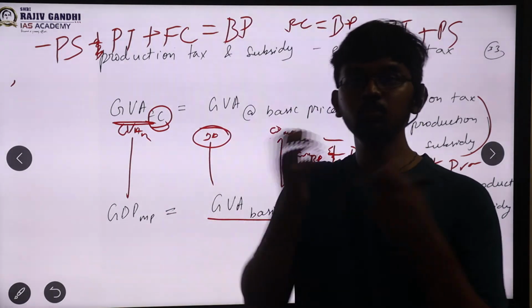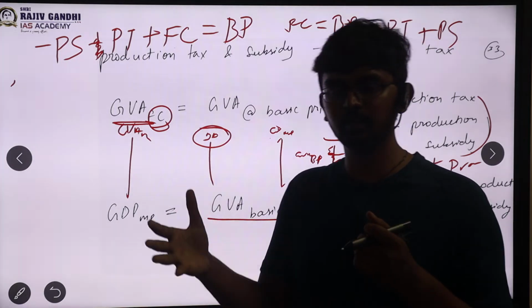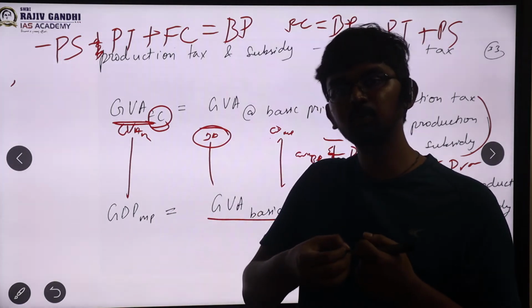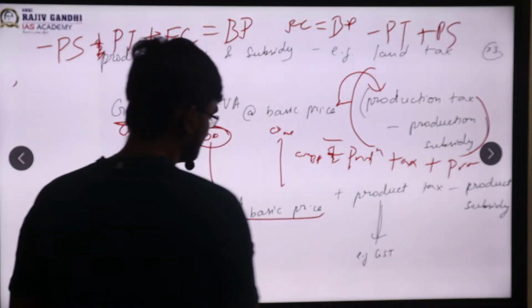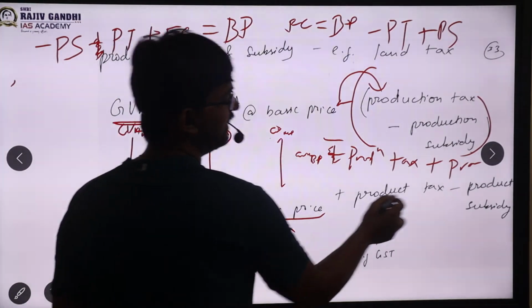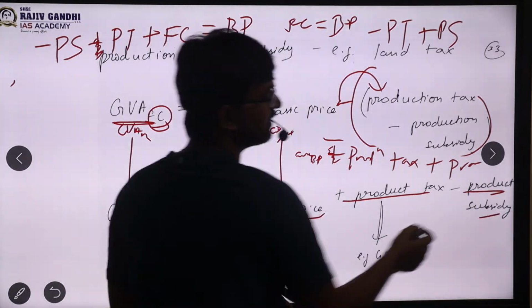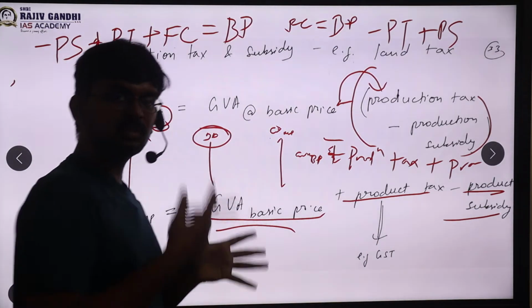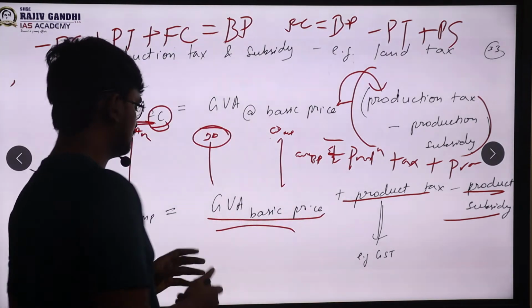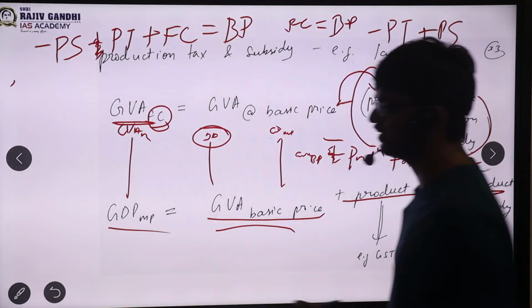What will I remove basically from a market? I will be removing the product subsidy. So to GVA at basic price, I am adding my product tax and I am removing the product subsidy, because product subsidy will reduce my price and product tax will increase my price. So that will give my GDP at market price.